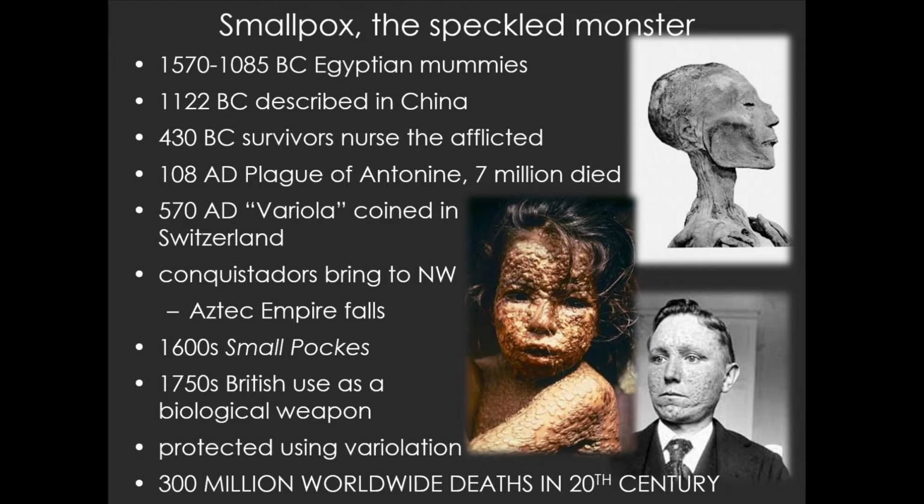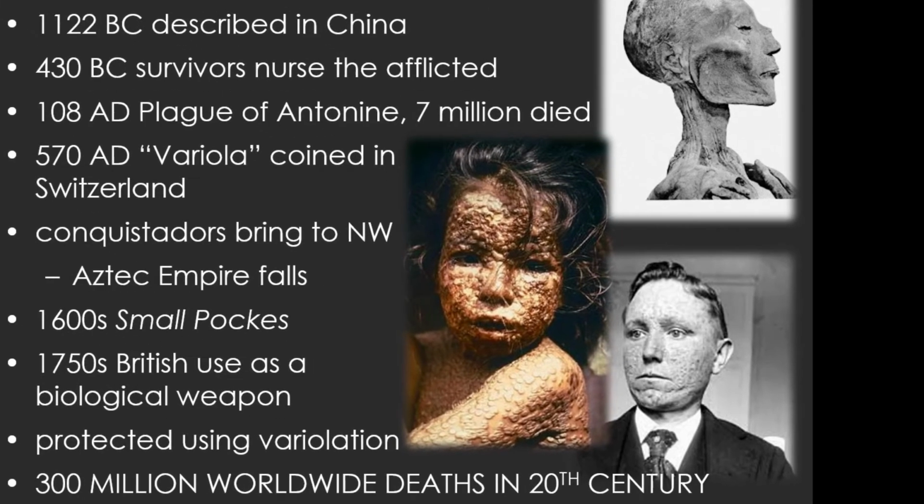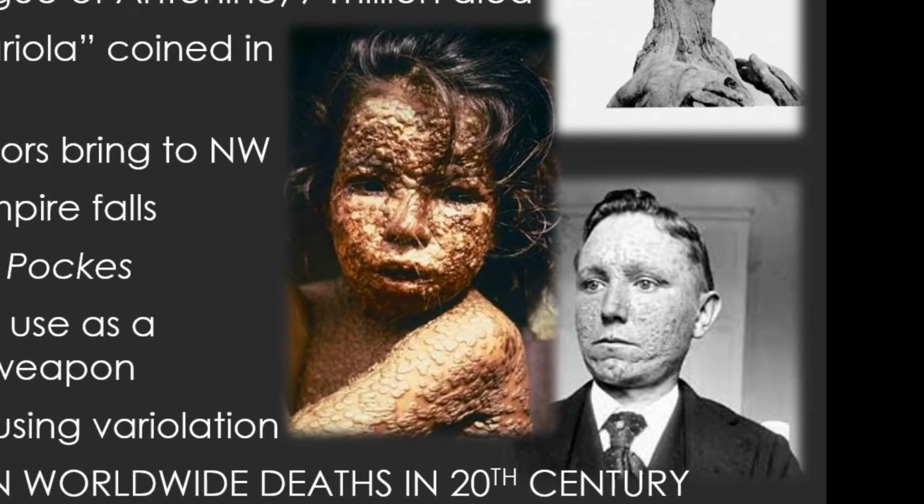About 400 years later, the term variola was coined in Switzerland to give this disease a name that could be communicated amongst different cultures, so people could start figuring out that what was called the speckled monster in one place and something else in another place were all actually the same disease, which causes, as you can see from the two photographs here, huge bumps on the skin that erupt into pustules.